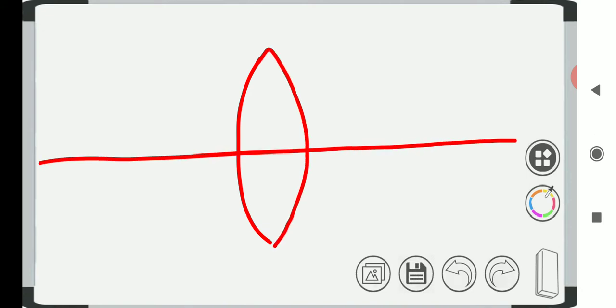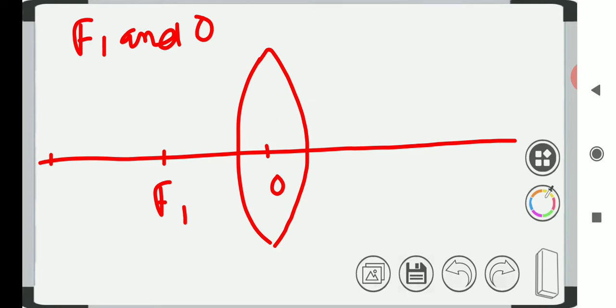The last case that we consider in this convex lens is when the object is between the focus point and the optical center, between F1 and O. This is F1, this is C1, F2, and this is C2.